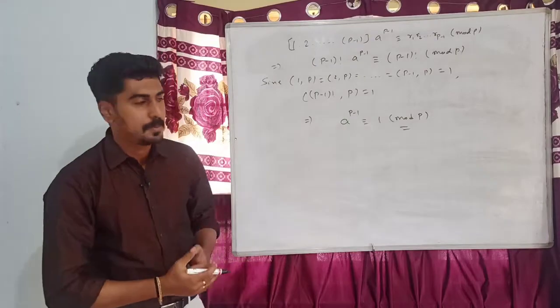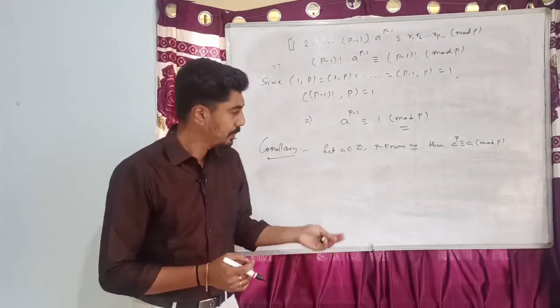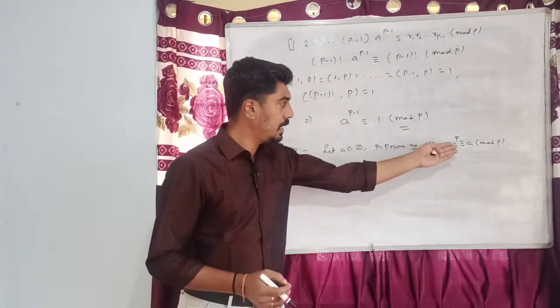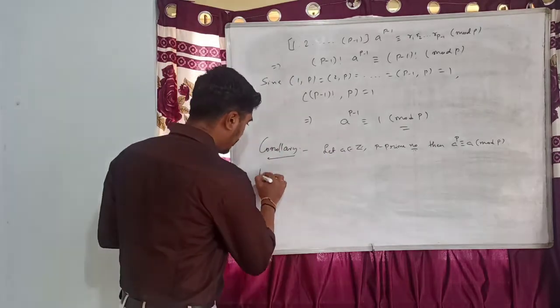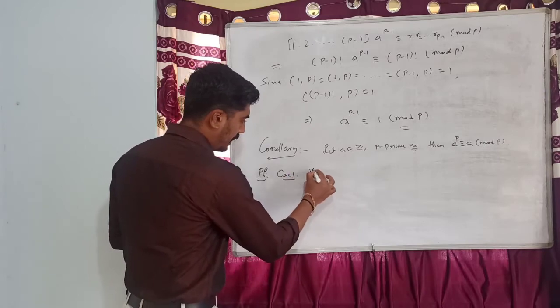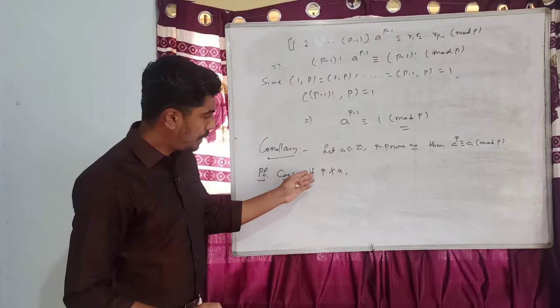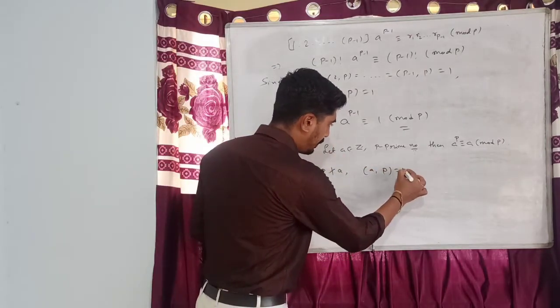as required. We can deduce a corollary using Fermat's little theorem: let A be an integer, P be a prime number, then A power P is congruent to A modulo P. To prove this, I consider two different cases. Case 1, if P does not divide A, then the GCD of A and P should be equal to 1.